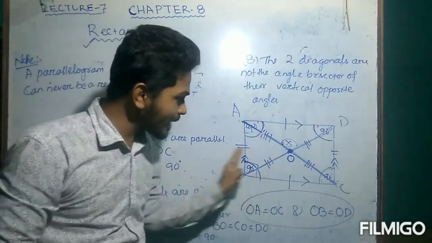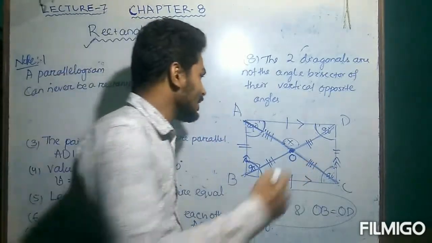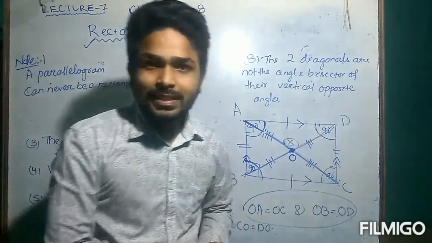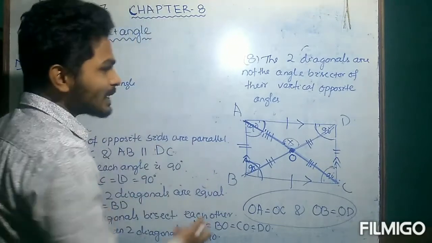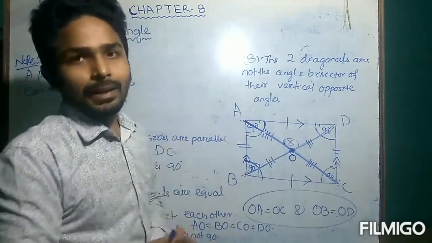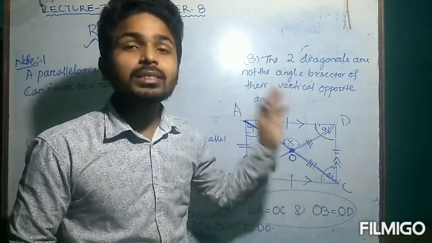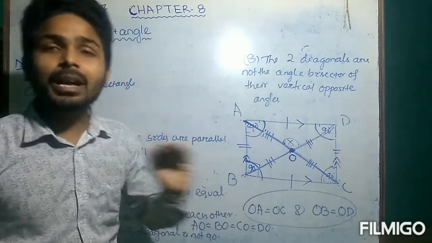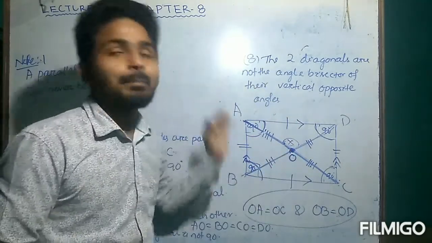Here also opposite sides are equal. And the third property is that the pair of opposite sides must be parallel. In a rectangle, the pair of opposite sides are also parallel. So what do we find? We find a rectangle follows all the three properties of a parallelogram. That's why every rectangle will be a parallelogram.